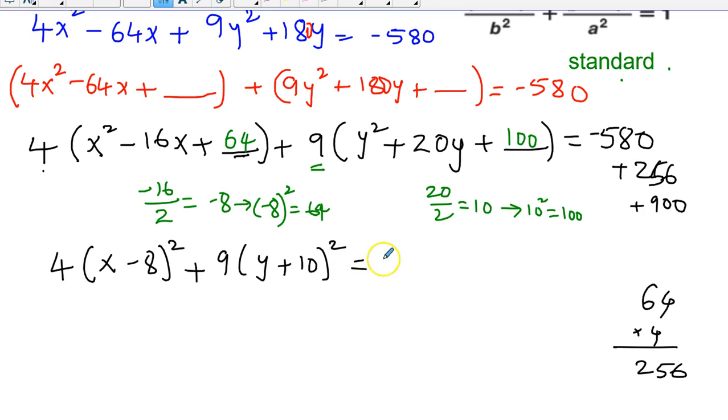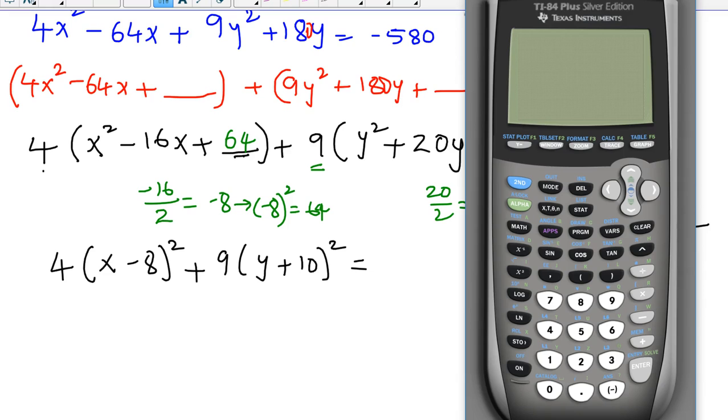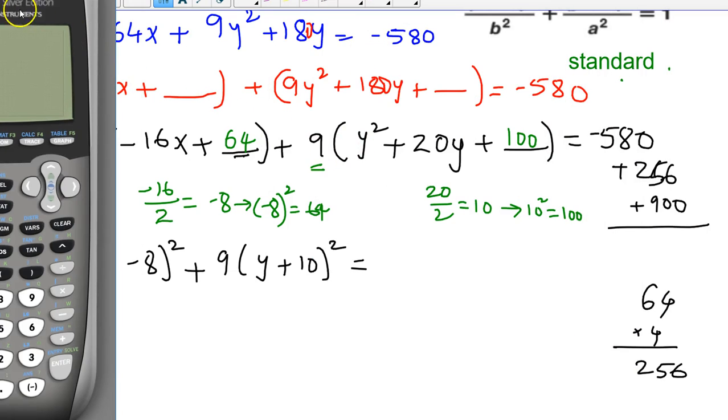We are almost there. Now what do you have on the right hand side? Negative 580 plus 256 plus 900. That will give you how much it is. Let me use a calculator so that there won't be any error.